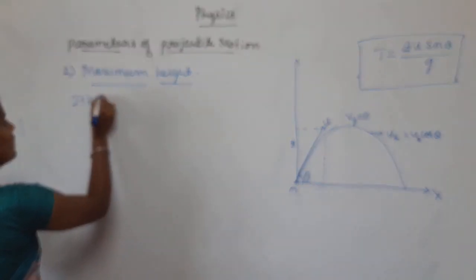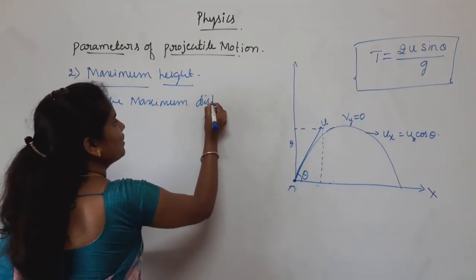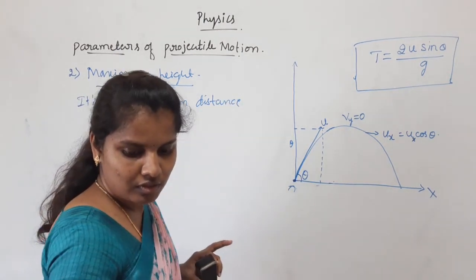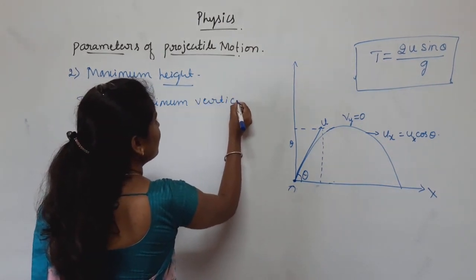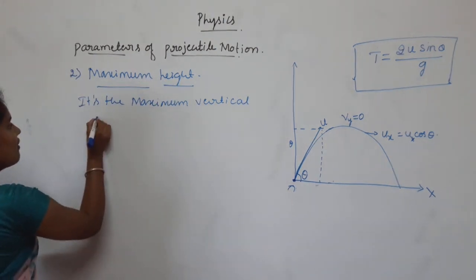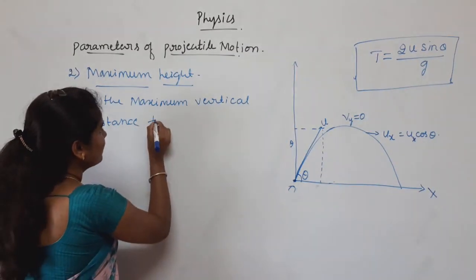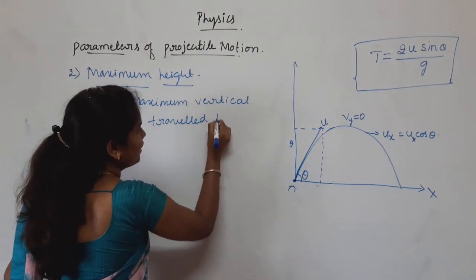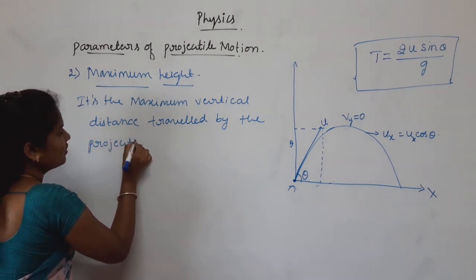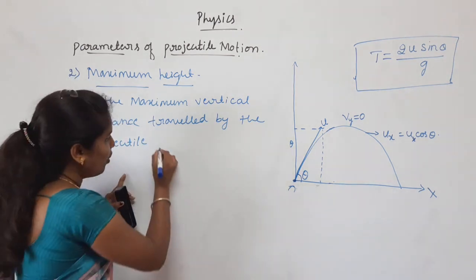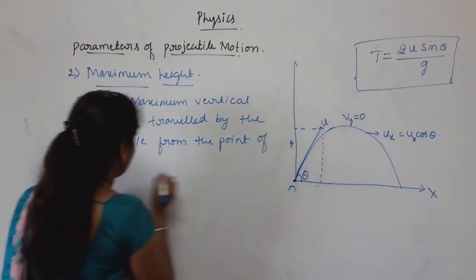It is the maximum vertical distance traveled by the projectile from the point of projection.